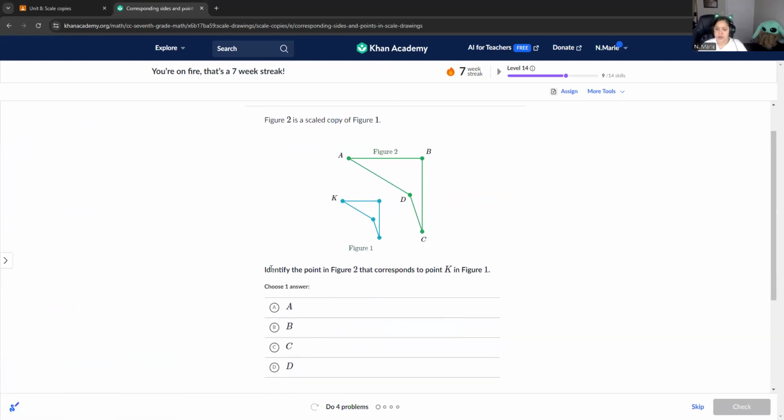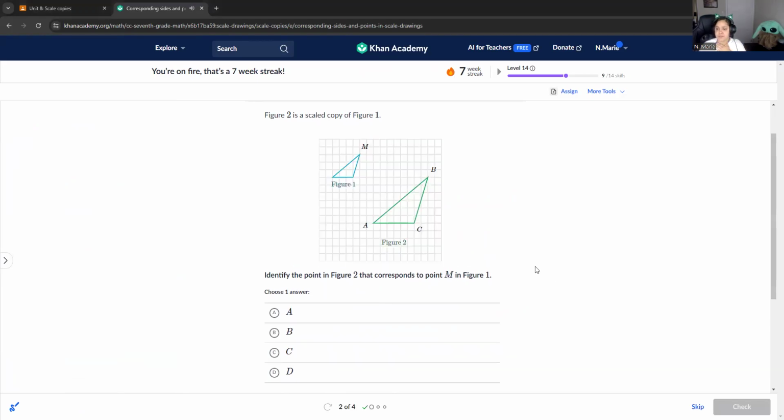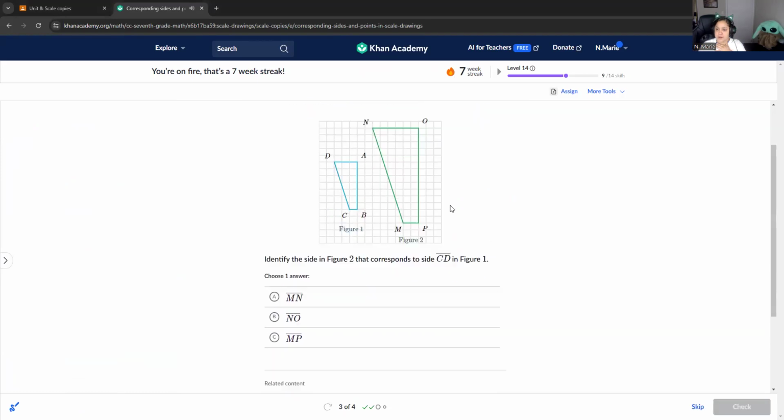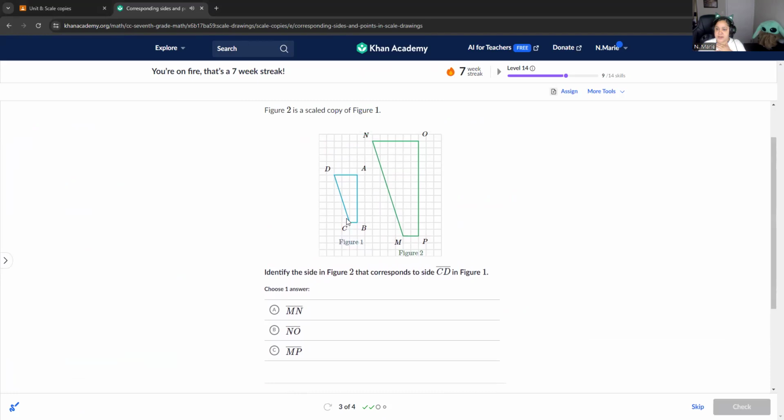These are more important. Identify the point in figure 2 that corresponds with K. Well, you can see these are facing the same direction. K is here. K goes with A, right? Or if we were to put them on top of each other and made them the same size, where would K land? K would land with A. Where would M land? M would land with B. Where would CD go with?